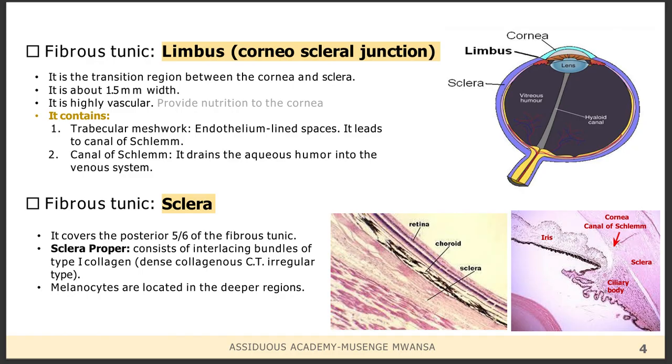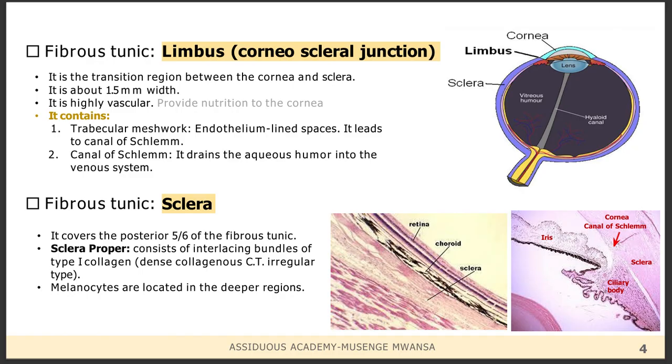Okay, so we go now to the sclera, which is the posterior part of the fibrous layer. The sclera will cover the posterior 5/6, as I already mentioned, of the fibrous tunic or the fibrous layer.